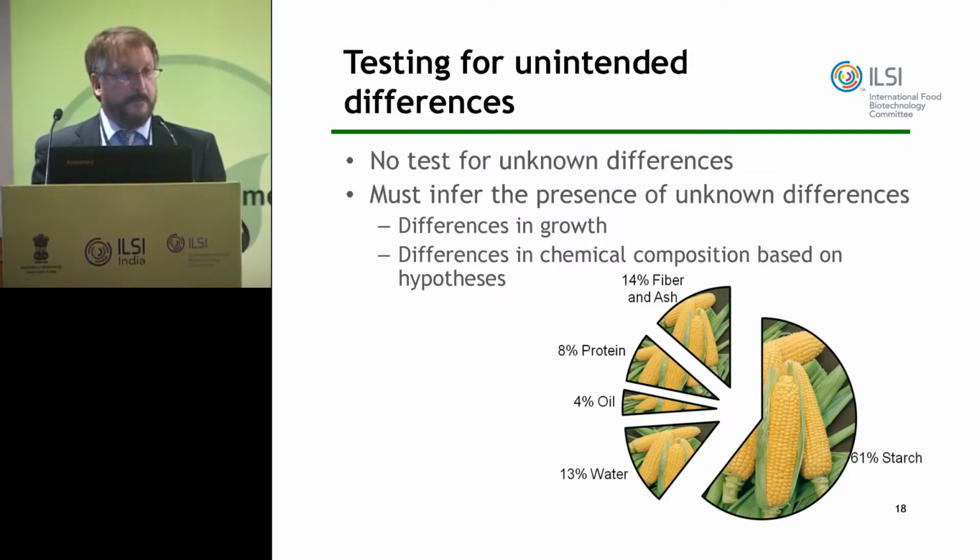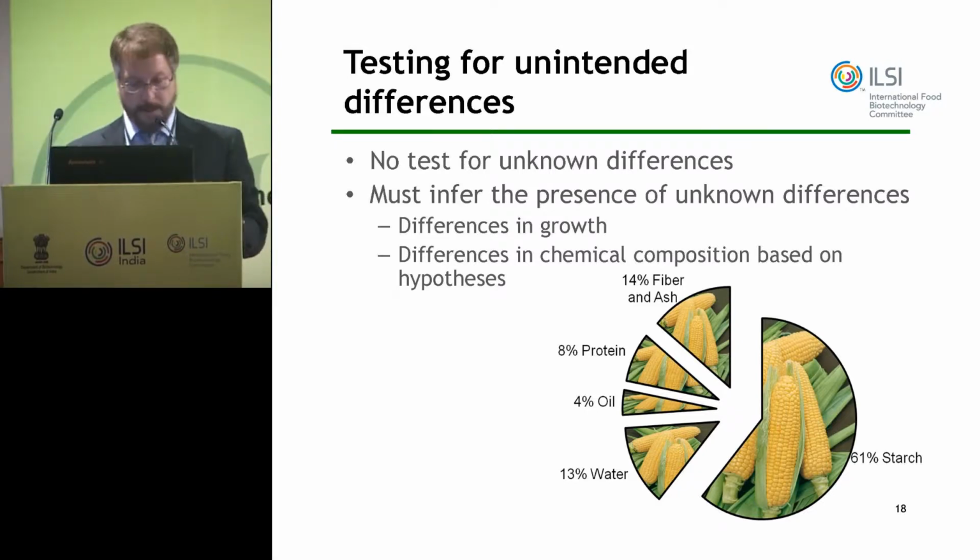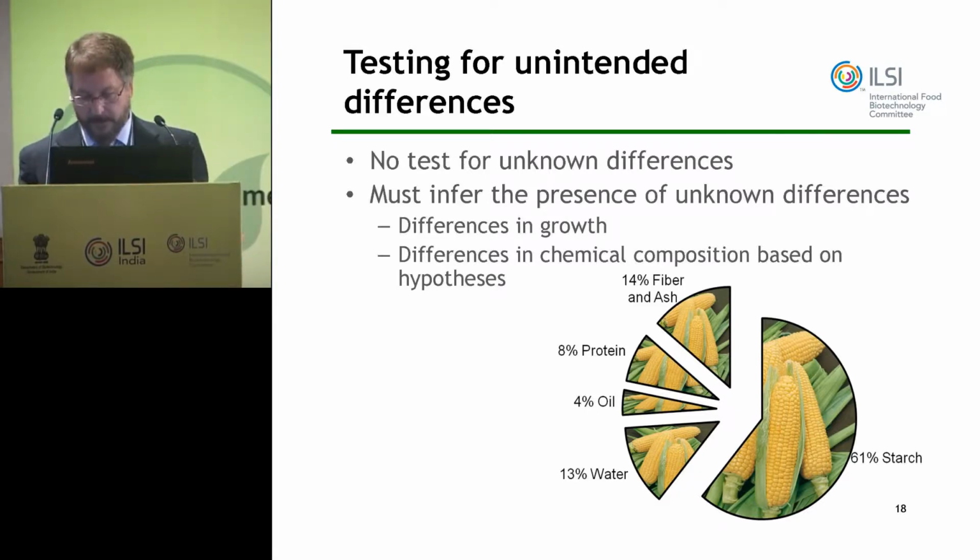So there is no test for unknown differences. You have to infer the presence of unknown differences. And you infer these from differences in growth or differences in chemical composition based on a hypothesis. So that's what compositional analysis is all about, seeing if there's any differences in composition that might lead us to infer that other changes took place.